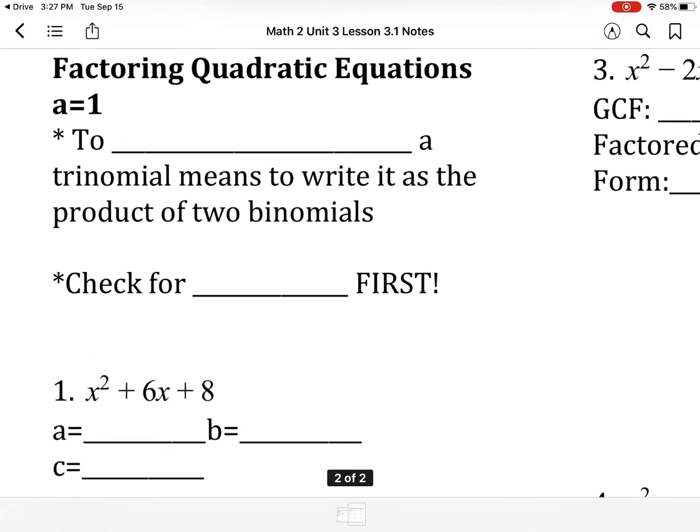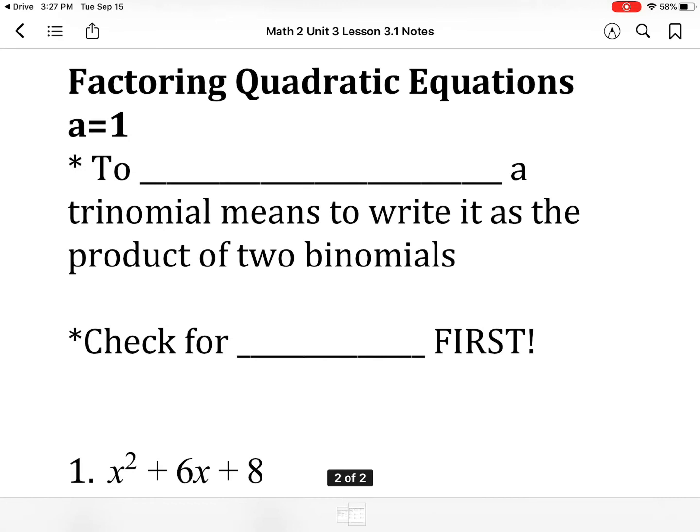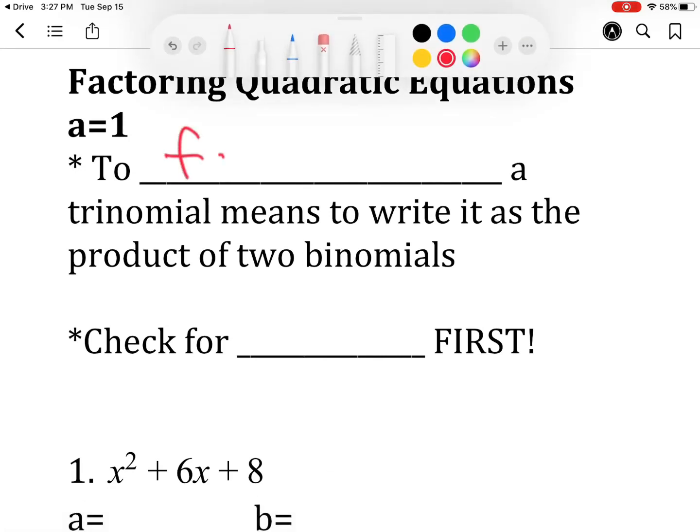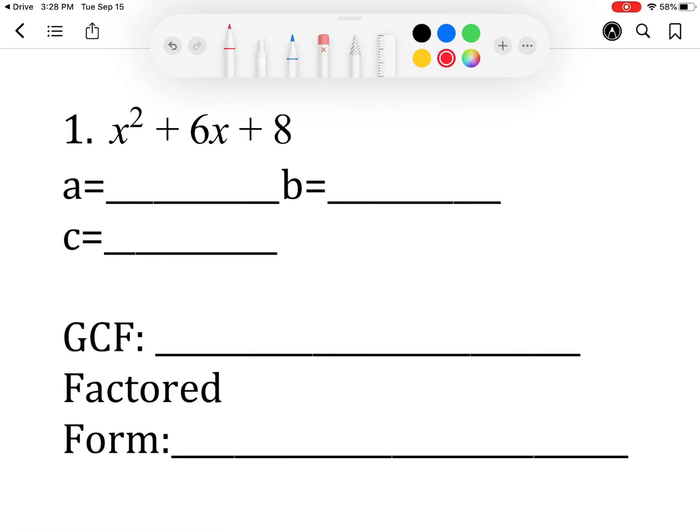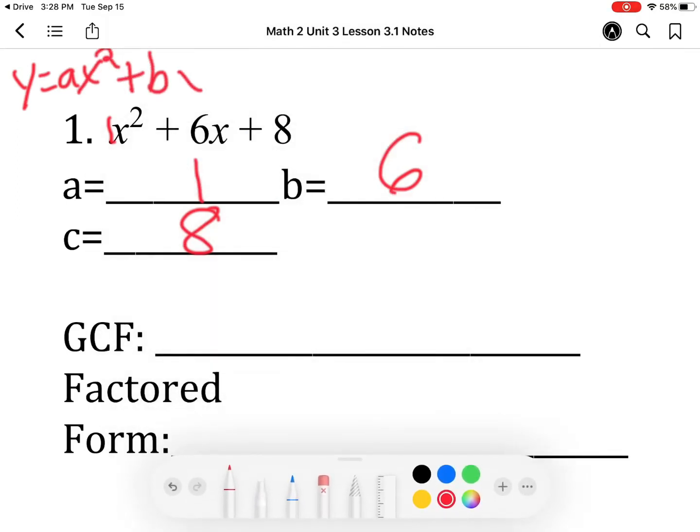So, if a does not equal 1, to factor a trinomial means to write it as the product of two binomials. So check for GCF still. So for number 1, our A is the understood 1, our B is 6, and our C is 8, referring to our y equals ax squared plus bx plus c.